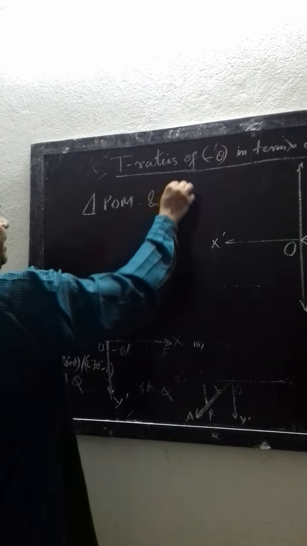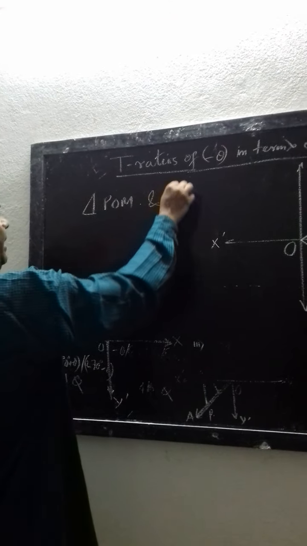So we can say OP equal to OQ, OM is common, and MP equal to NQ, but with a negative sign. This is in the negative direction.